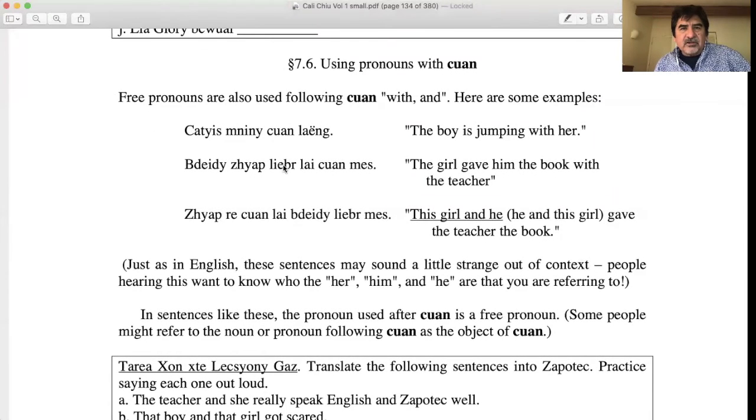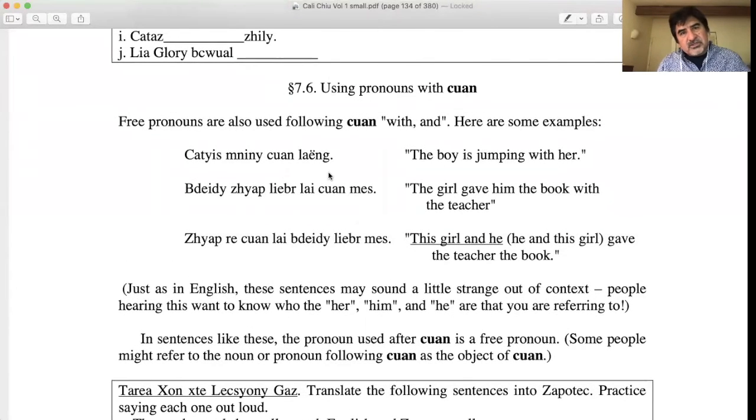And we're going to go over some examples in which we use with and in Zapotec. So for example, if you say the boy is jumping with her, we write it in Zapotec, katiasanin con lang. The boy is jumping with her. One more time. Katiasanin con lang.